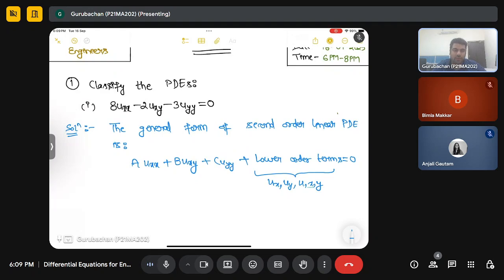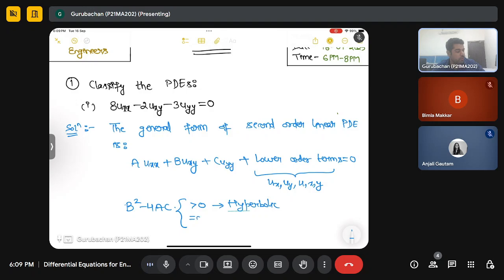So on the basis of this general form, how can we decide? We calculate B square minus 4AC. If this is positive, then the given PDE will be hyperbolic.